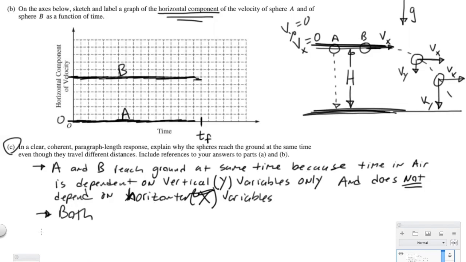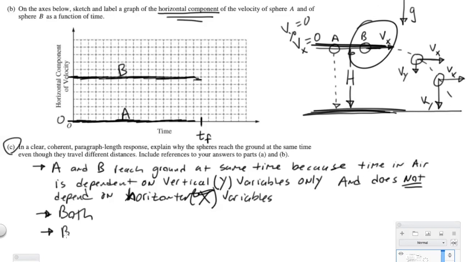Next thing I would say, both spheres A and B begin with no vertical velocity. So neither of these spheres start with a vertical velocity. Sphere A has no velocity at all, x or y. Sphere B does start with a horizontal velocity, but not a vertical velocity.